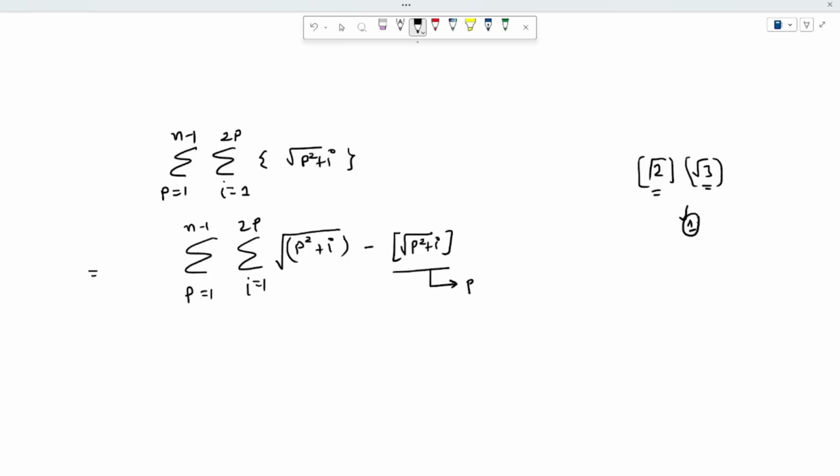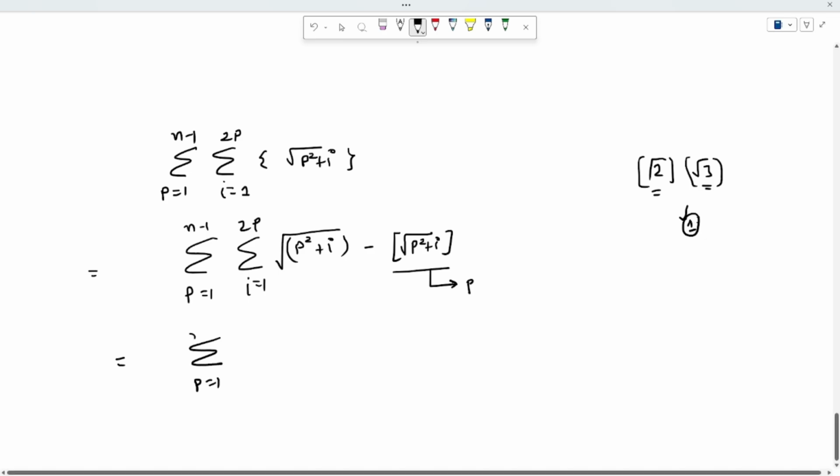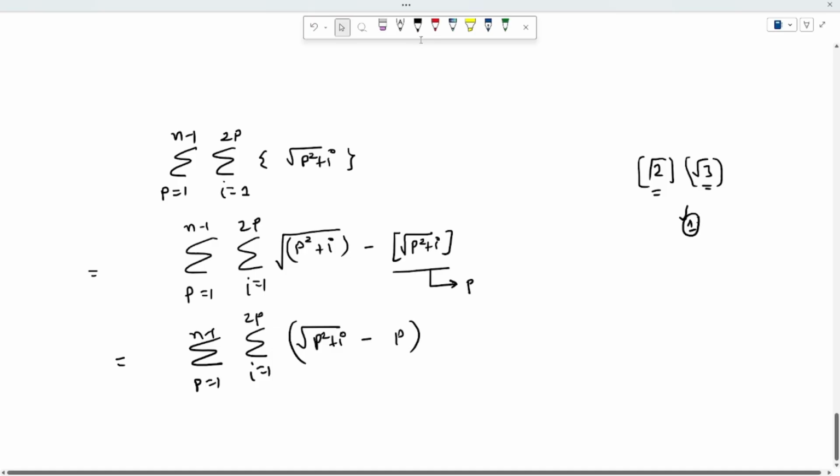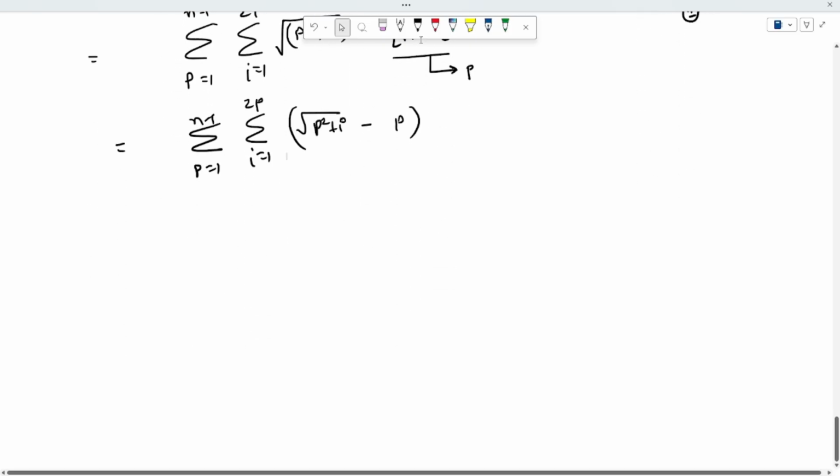And root 4's greatest integer is 2. So we will replace this number by p. The sum over p equals 1 to n minus 1, i equals 1 to 2p, of the square root of p square plus i minus p. We reduced our expression like this.